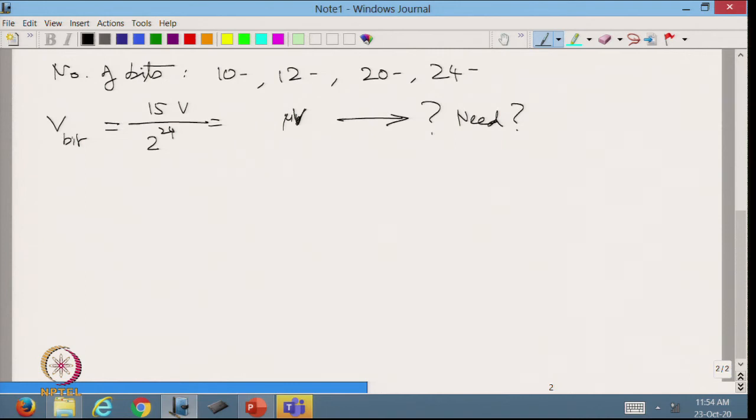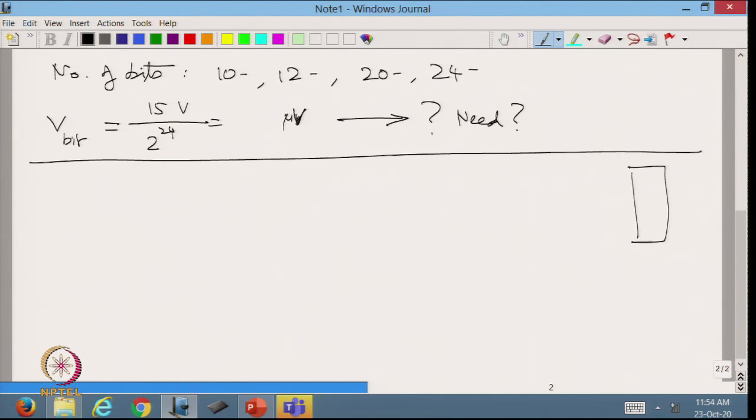Now, we look at another issue, which is that here you have the A to D converter, and we have said that this will take an input signal of 0 to 15 volts. But what happens if I have an instrument which is sensing something and giving out a signal which is only 0 to 2 volts, and I directly input this signal into the A to D converter?